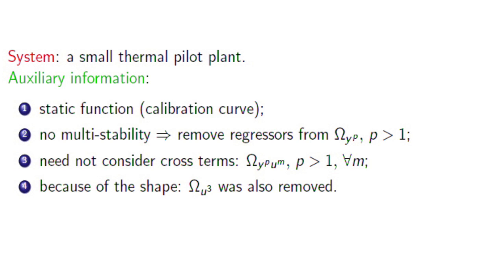Also, because the shape of the static curve, of the calibration curve, is like part of a parabola, I don't really need cubic terms in the input. Okay? So I have simplified my problem a lot on the one hand. If you think in terms of numerical computation, it's much simpler because I don't have to search among so many models.